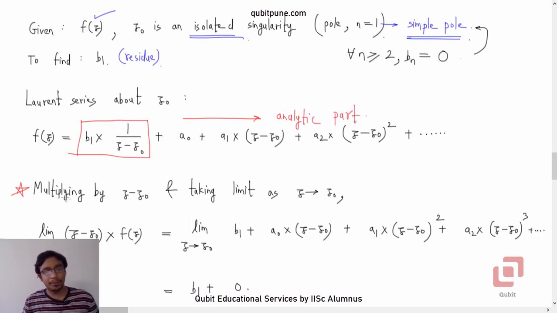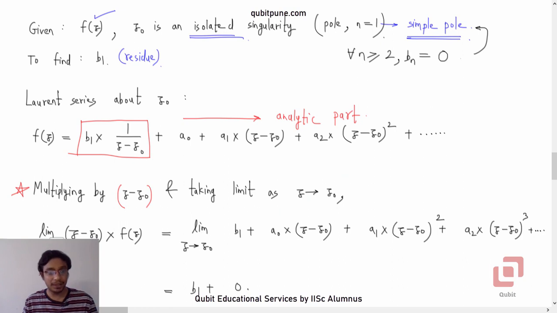Now the main thing here is you have to multiply by z minus z0. You multiply the entire Laurent series, not only the right hand side but also the left hand side. Okay, so if we do that, then we will get (z minus z0) into f(z) on one side, and on the right hand side we will get b1 plus a0 into (z minus z0) plus a1 into (z minus z0) squared and so on.